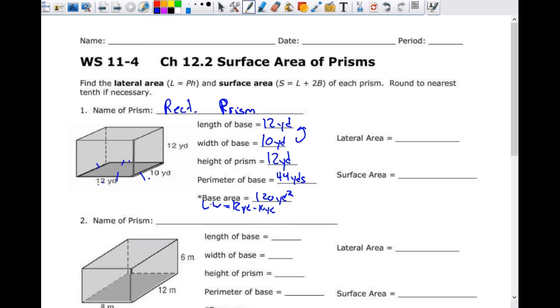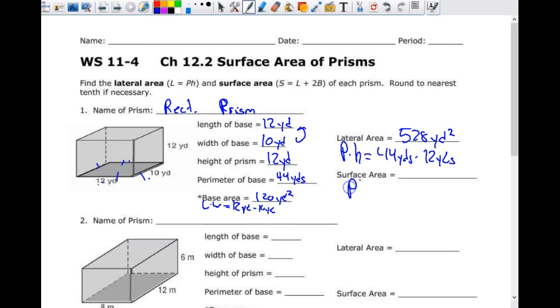Lateral surface area is perimeter times height. The perimeter was 44 yards times height, which was 12. 528 yards squared.